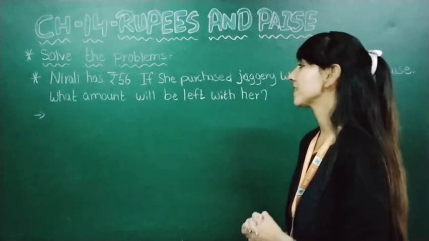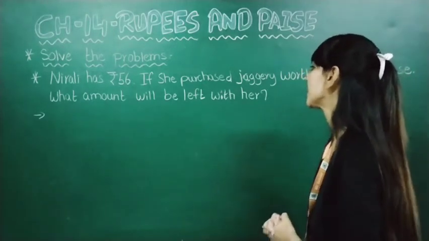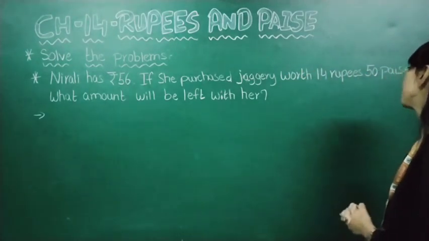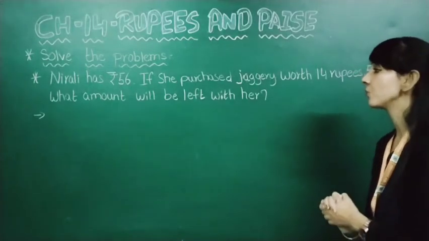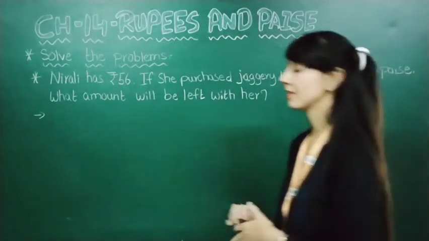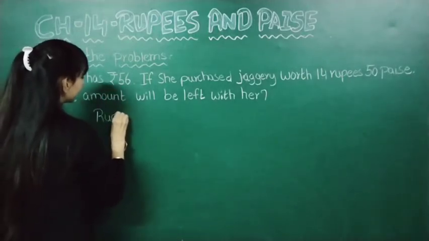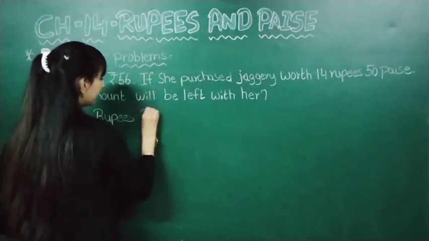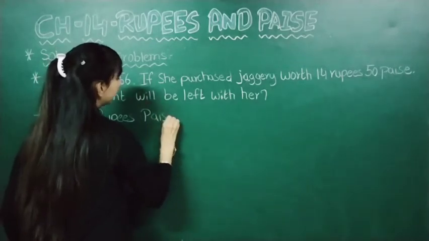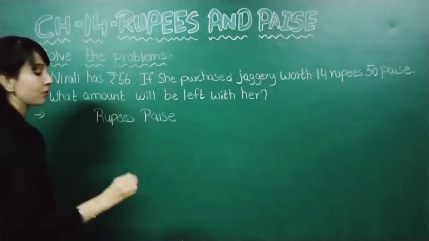Nirali has 56 rupees. If she purchased jaggery worth 14 rupees 50 paise, what amount will be left with her? So first of all, here we will write rupees. Okay, and here paise. Now Nirali has 56 rupees.